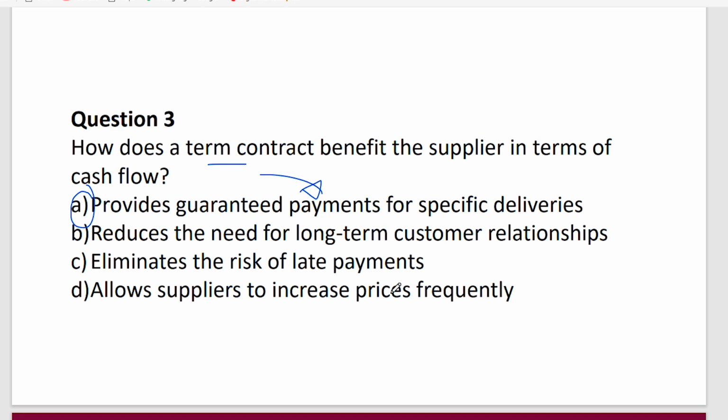It doesn't reduce anything. Eliminating risk? They can still pay you late, and that is why you have something called breach of contract. Or even increasing prices? Well, if the contract has a price adjustment clause, you can still increase the prices. The thing here is that they provide guaranteed payments for specific deliveries within that particular term.